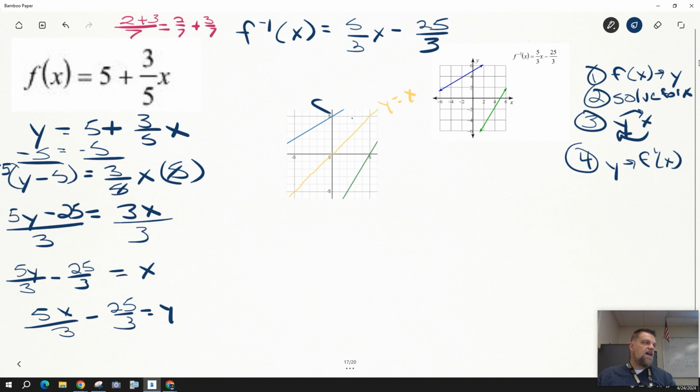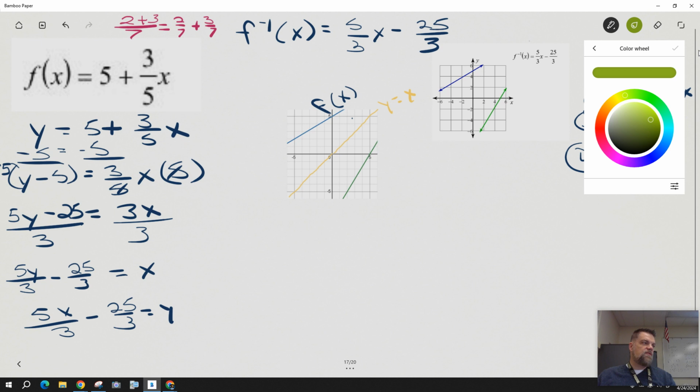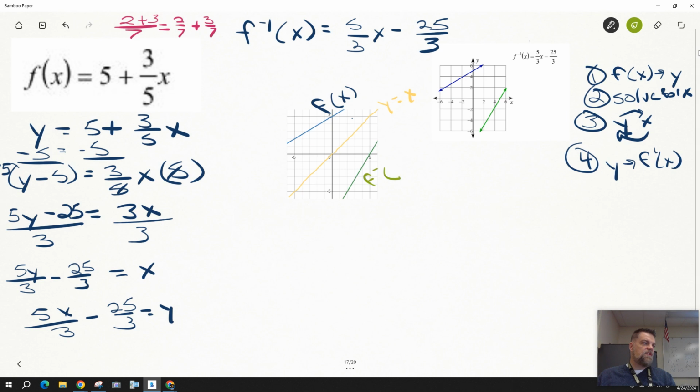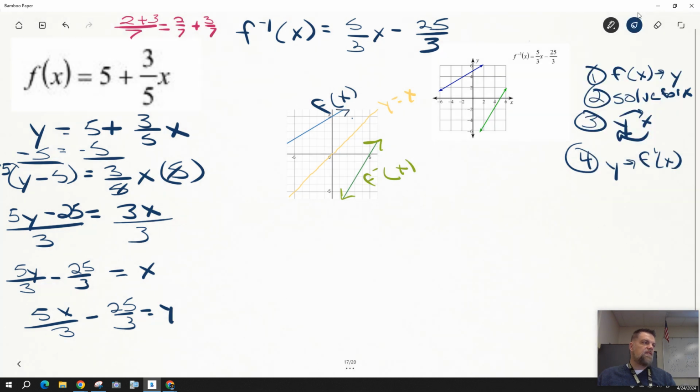This would be f of x here. And then the green one down here, this would be f inverse of x. And this goes on forever this way. And this goes on forever this way. Okay? So that's problem number 17. I'll leave that up there for a second.